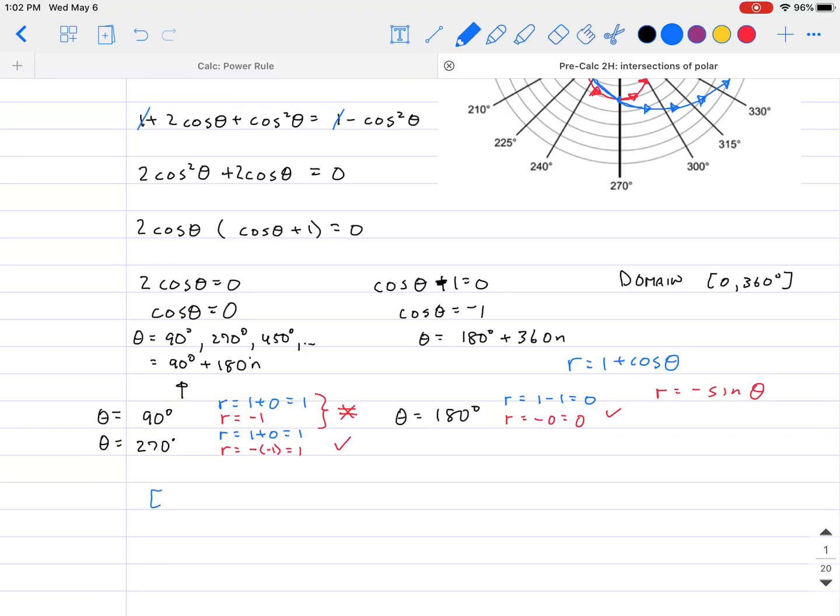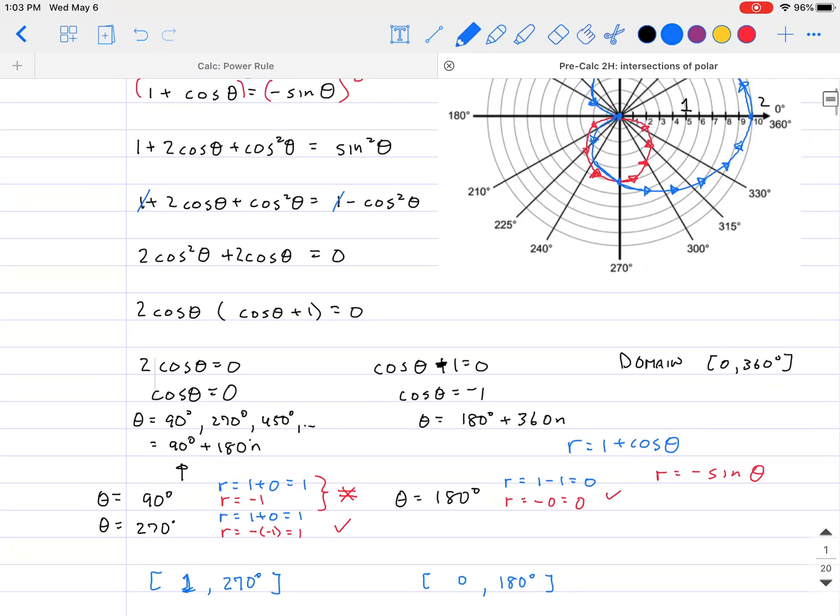We have 2 points: theta equal to 270 degrees, where r is equal to 1, which is written as (1, 270 degrees). That's the notation for it. And for the other one, I have 180 degrees, and the radius is going to be 0.